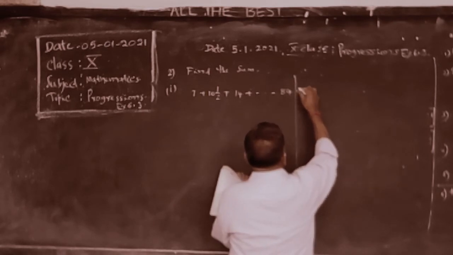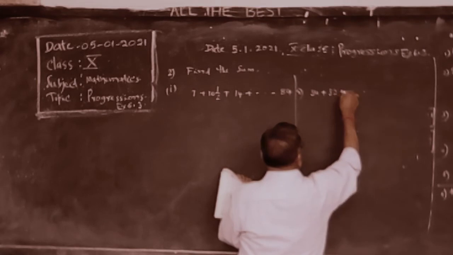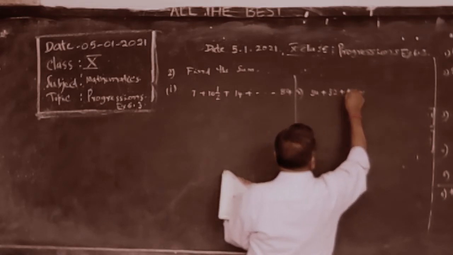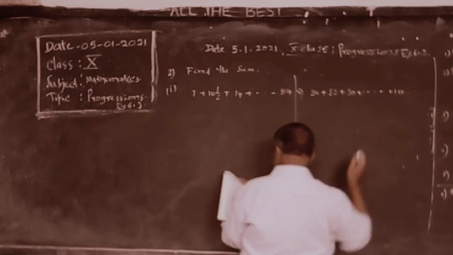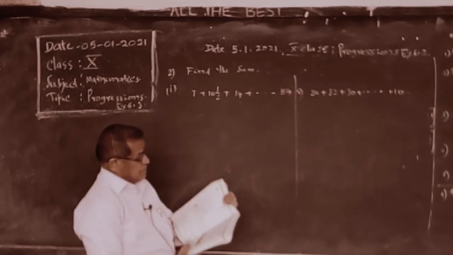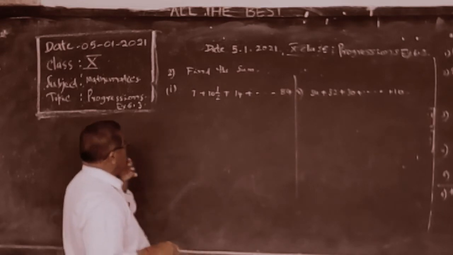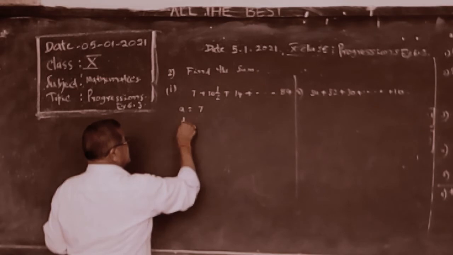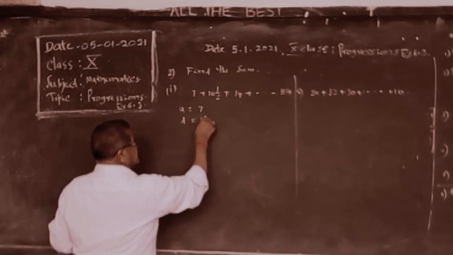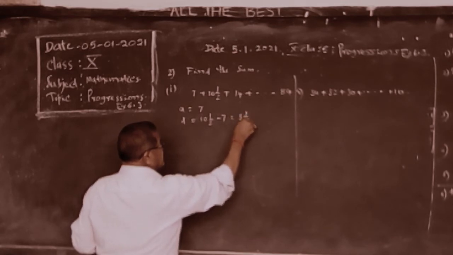And second: 34 plus 32 plus 30 plus dash dash 10. See this. Here a is 7, and d is 10 and a half minus 7, that is 3 and a half.